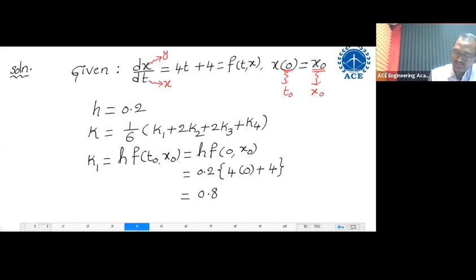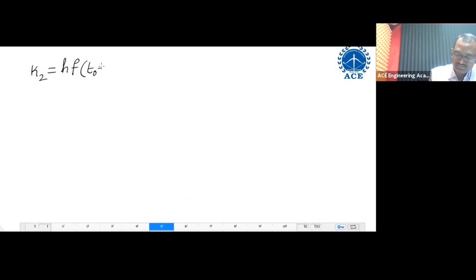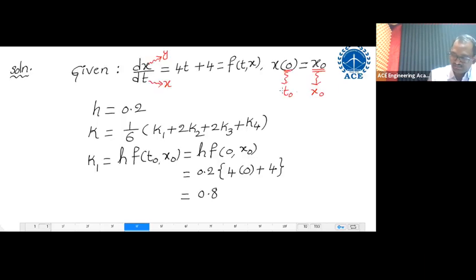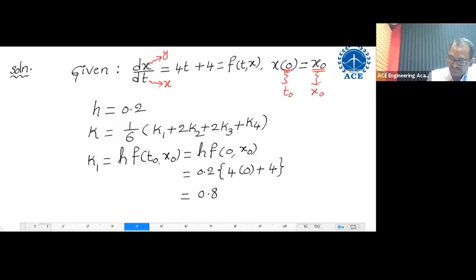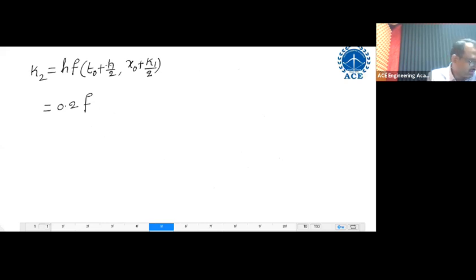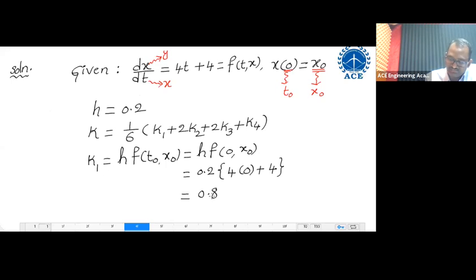Next, k2. k2 is equal to h into f of t naught plus h by 2 comma x naught plus k1 by 2. h value is 0.2, so h by 2 is 0.1, and k1 by 2 is 0.8 divided by 2, that is 0.4.